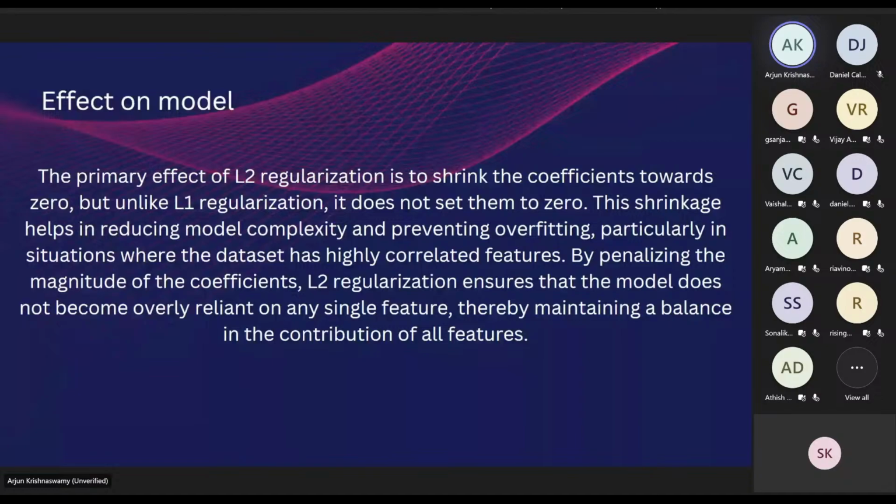No feature becomes dominant. Every feature has some say in the model, and the complexity decreases. So it maintains a balance. It doesn't become overly reliant on any one feature. By doing this, the model complexity is also reduced, and it prevents overfitting.